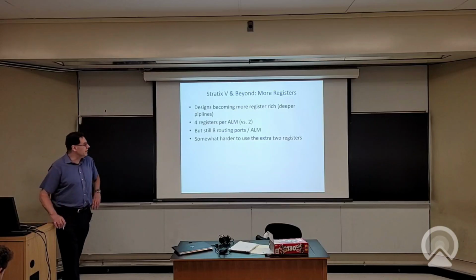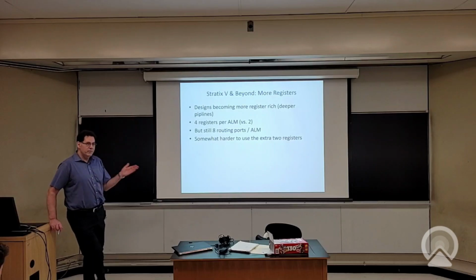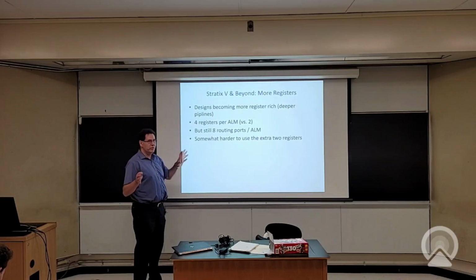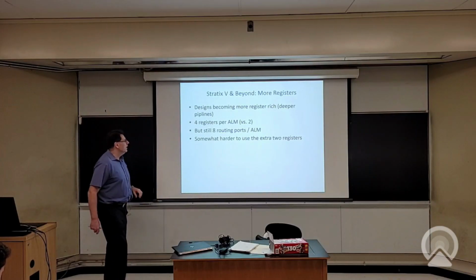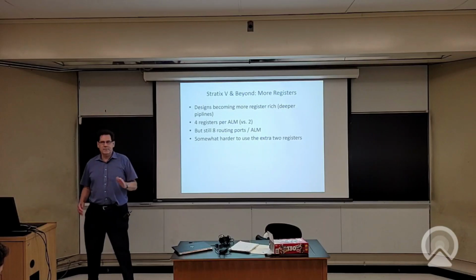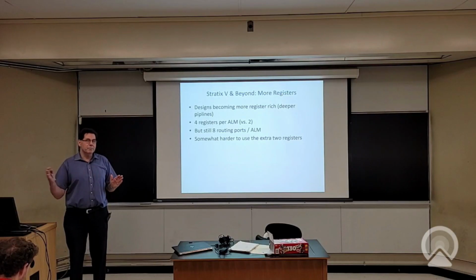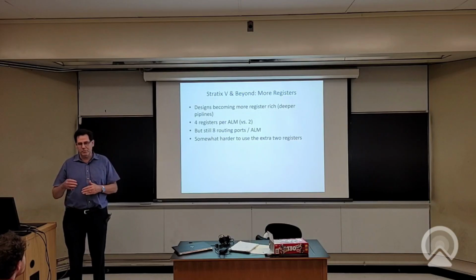Designs just keep getting more register rich. So in Stratix 5, 3 generations after the paper you're reading, the 6 LUT structure is still pretty much the same, but it went to 4 registers per ALM instead of 2. The reason for that is deeper and deeper pipelining. Remember, when you pipeline, you have to increase the latency of all the paths you cut. You have to find these cuts that disconnect your inputs from the outputs.